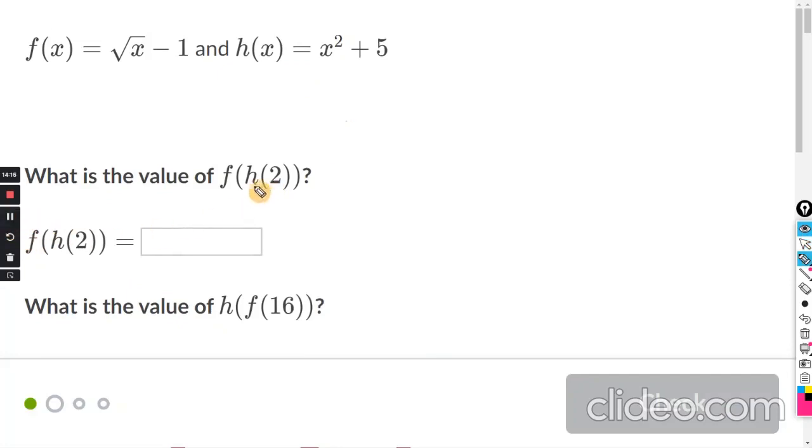Okay, h of 2 means we plug in x equals 2 for the h function. All right, so h of 2, plug in the 2 right there, so it's going to be 2 squared plus 5. And 4 plus 5 is just 9. Okay, so h of 2 is 9. So we're looking to find f of 9. That means we plug in 9 for the f function.